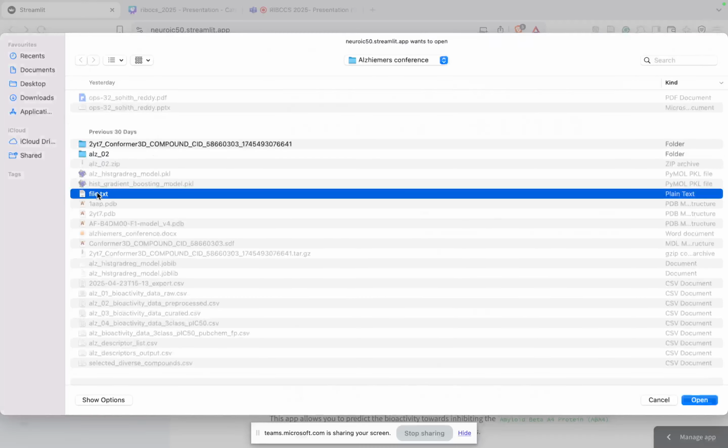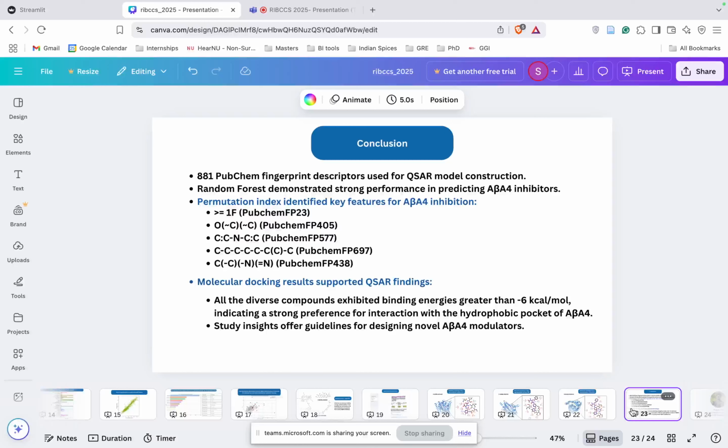Yeah, sure. So basically, we have devised the QSAR model, which is a machine learning model. For Alzheimer's, the crucial target is the amyloid beta A4 target. For that target, we have a lot of inhibitors in our database, and we need to get the best out of them. In order to do that, we need a better machine learning model.